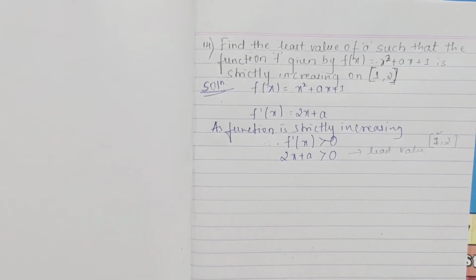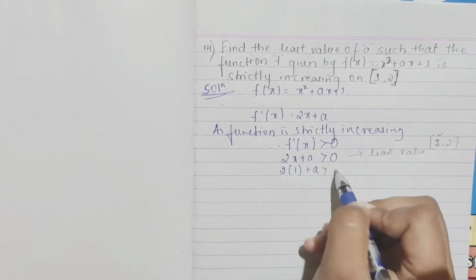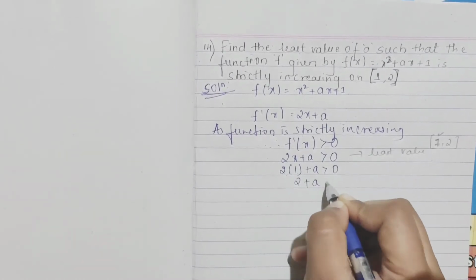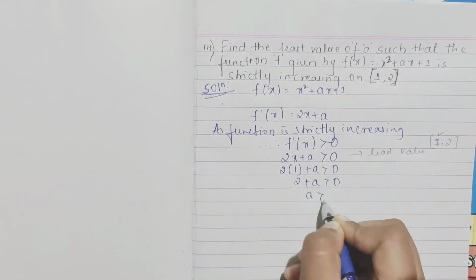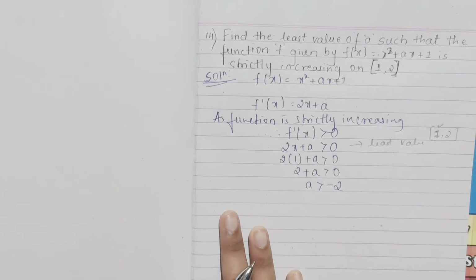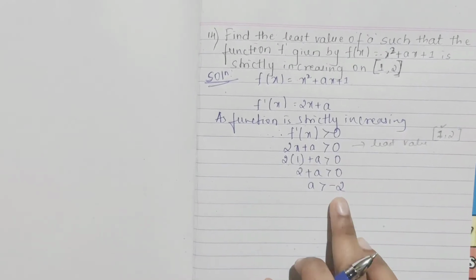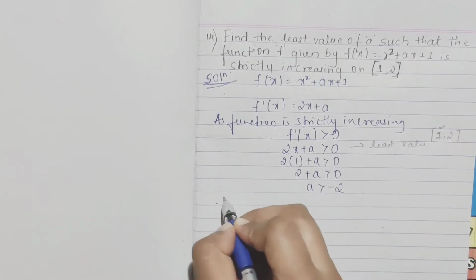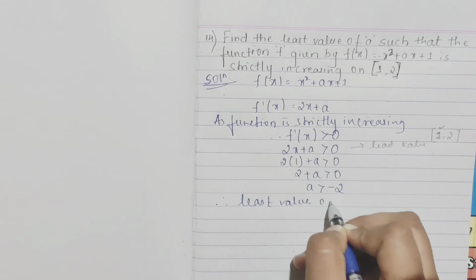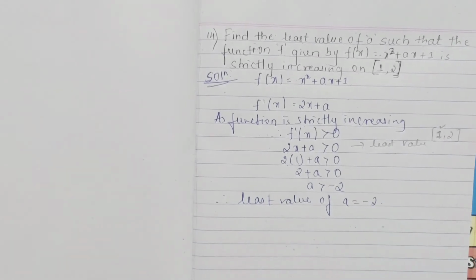So you get 2 times 1 plus a is greater than 0. 2 ones are 2, plus a is positive, so a is greater than minus 2. So the least value for a should be minus 2.